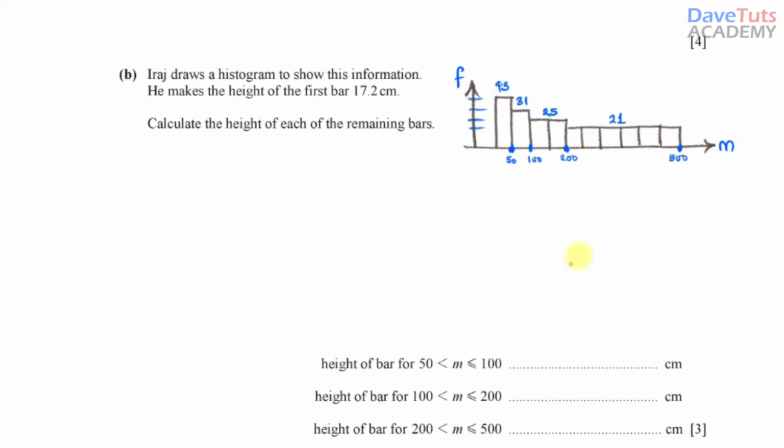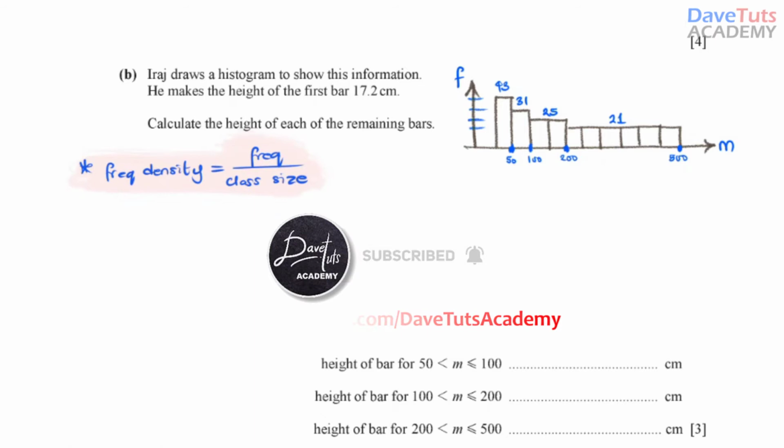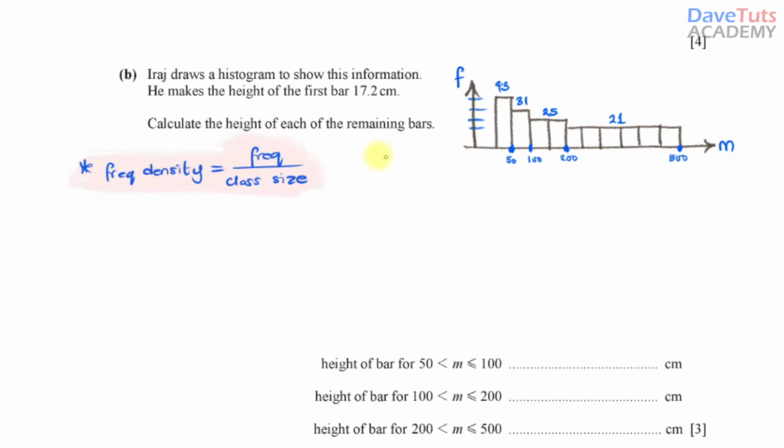So if we are going to be doing that, there is a formula that is generally used: the frequency density in a histogram is given as the frequency divided by the class size. This particular formula is what is going to help us to solve this question holistically. Let's look at that first case in which we have already been given what is being used.